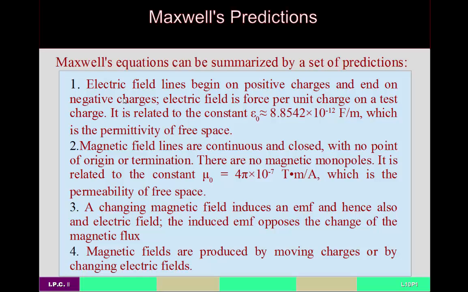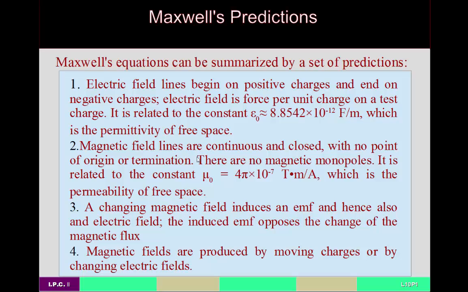Namely, electric field lines begin on positive charges and end on negative charges. Electric field is the force per unit charge on a test charge, and it can be related to the permittivity of free space, which is approximately 8.8542 times 10 to the negative 12 farad per meter. And that is called the permittivity of free space.